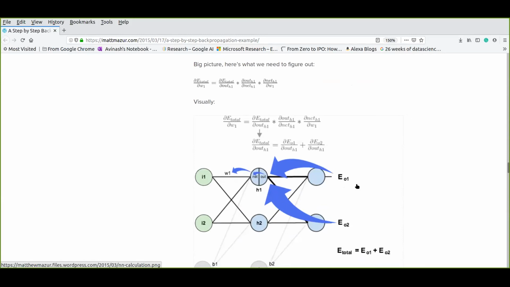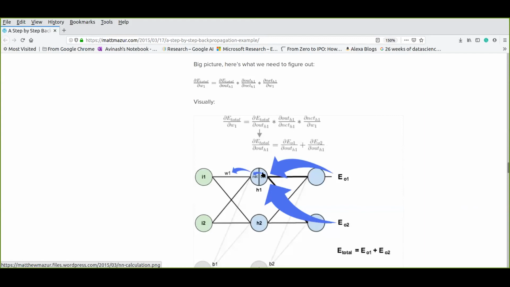So what we're trying to find here again is similar to that of the output neuron. So we are trying to find out the partial derivative of E total, or the error, with respect to weight 1, which would be equal to the partial derivative. So again, let's see what are all in the flow.